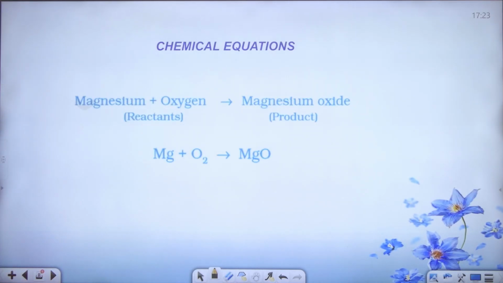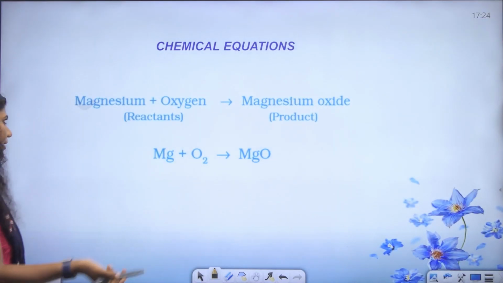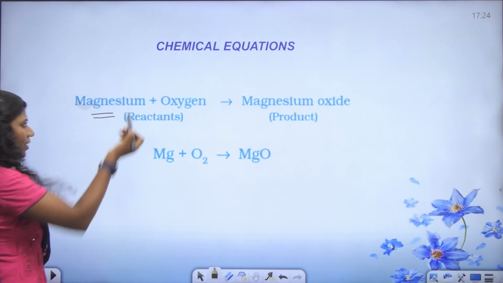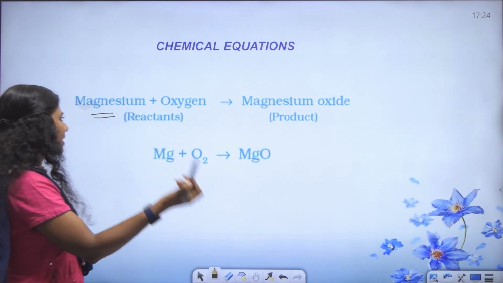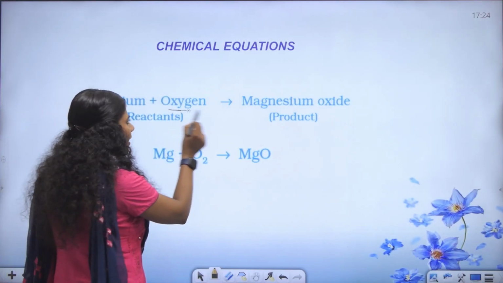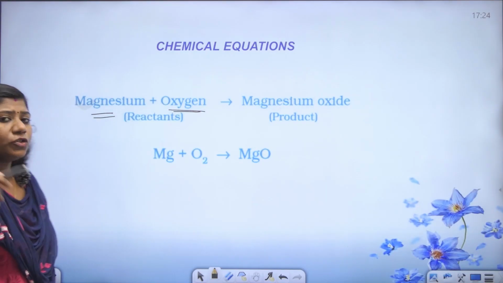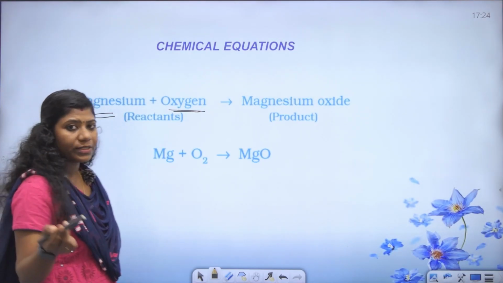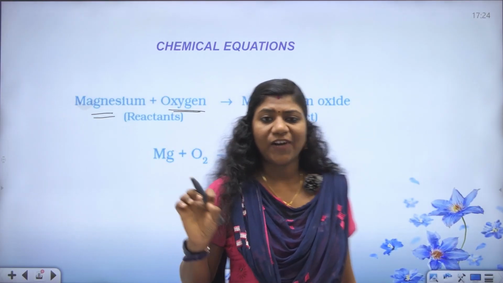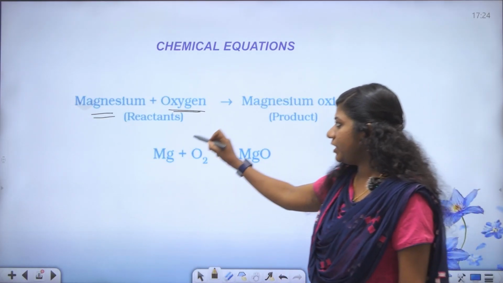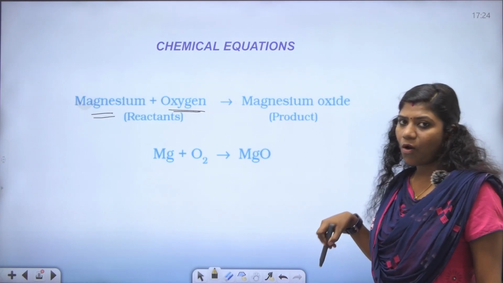Our first experiment is burning of magnesium ribbon. Magnesium burns in the presence of air. That means magnesium reacts with the oxygen to form magnesium oxide, a white tinted ash.